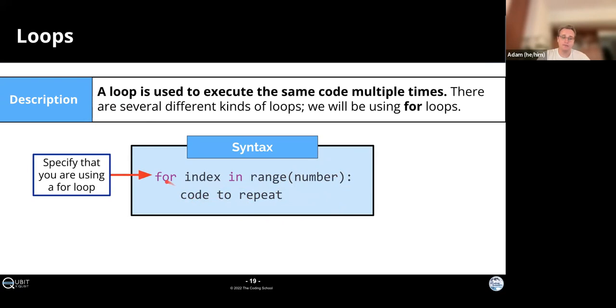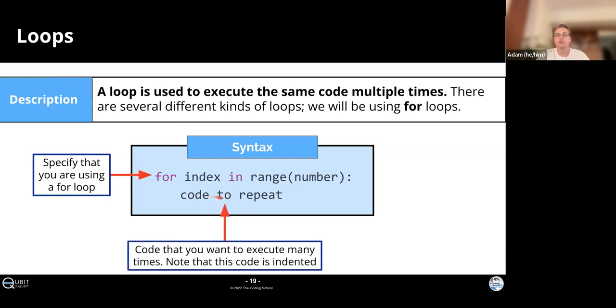There are a few pieces you need for this. For instance, you need to specify you're using a for loop. That is the name of this type of loop. So you always do for, all lowercase. You need to write whatever code you want to repeat. Without this, there's no point to using a loop. So this is the code you want to use. And an important part for Python is that it needs to be indented.